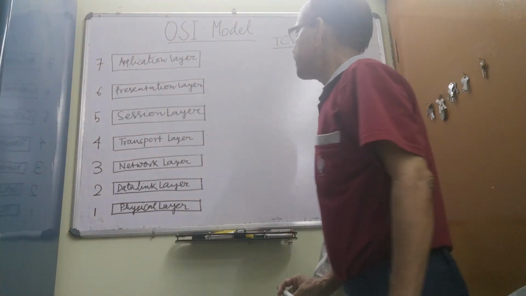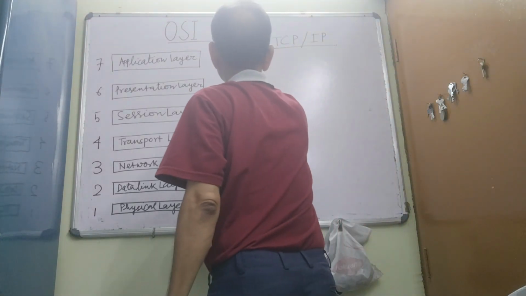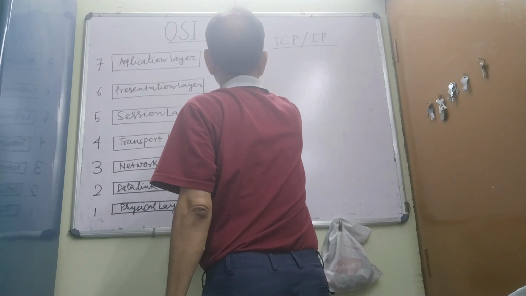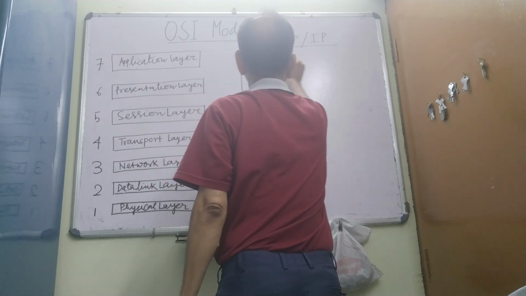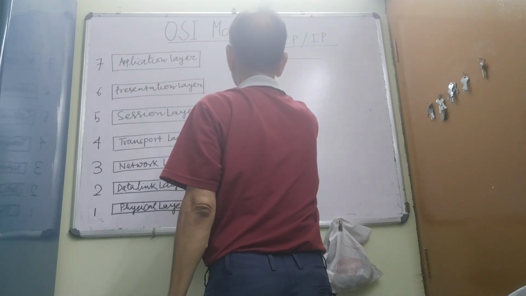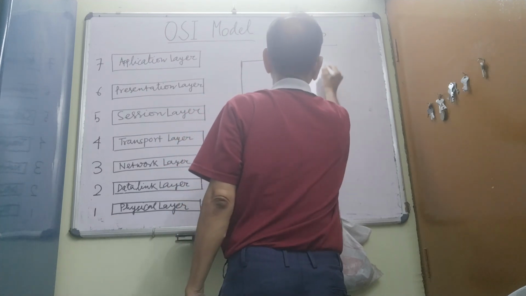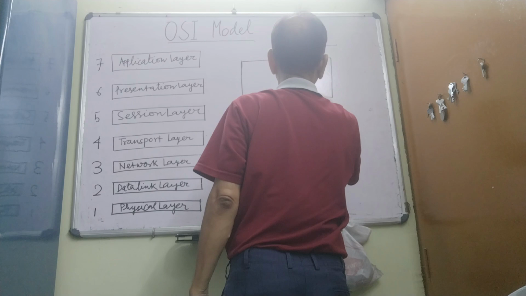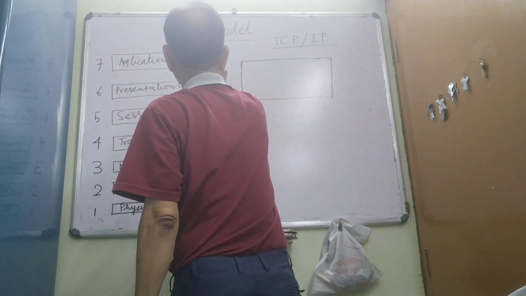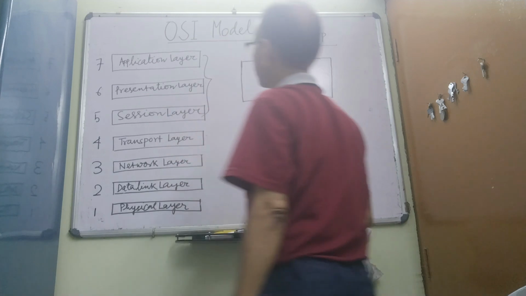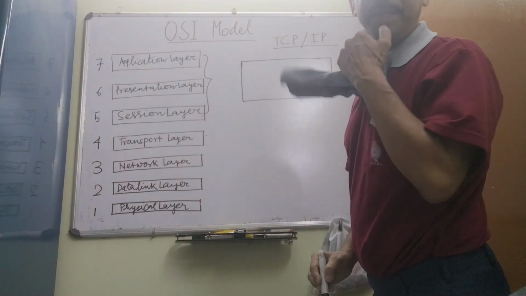What are the 4 layers? Here is the application layer first. These 3 layers combine into the application layer.